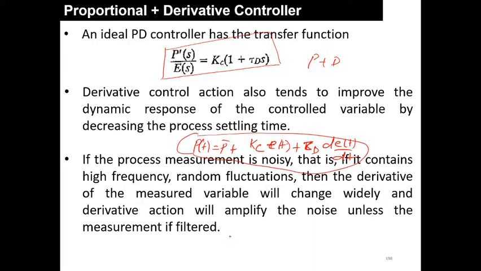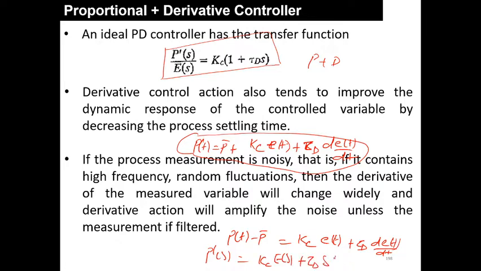So when you take P(t) minus p bar, it becomes Kc e(t) plus tau d de by dt. And when you take the Laplace, it becomes P'(s) equals Kc E(s) plus tau d s E(s). Taking the common factor, P'(s) upon E(s) is equal to Kc plus tau d s. This is also one form.